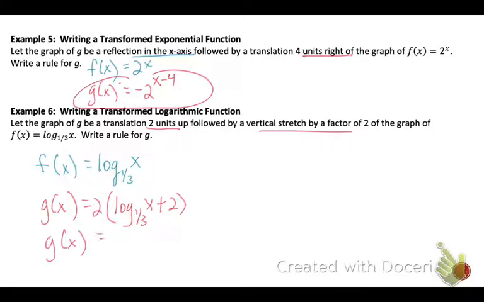So we'll put the whole equation in parentheses and our 2 multiplier out front. And then we're going to distribute that 2. So our final function will be g of x equals 2 log base 1/3 of x plus 4. So that vertical stretch happens to the log and also to our number 2 at the end.